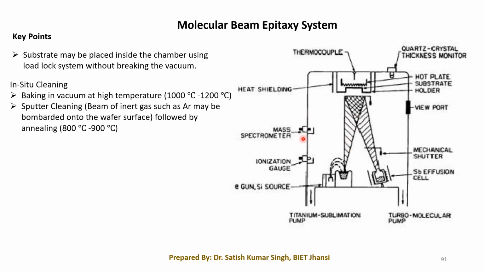Now, as we said, doping can also be done by the diffusion method and the ion implantation method. We have two different methods. Let us say if we want to do the doping using the ion implantation method, then we have to use this ionization gauge. This is nothing but our unit of ion implantation.